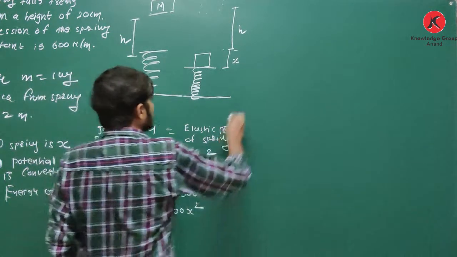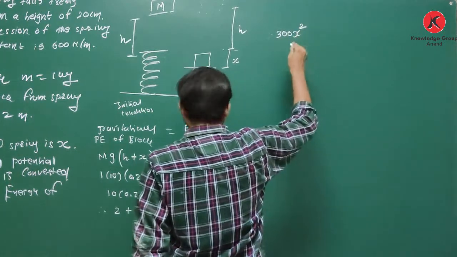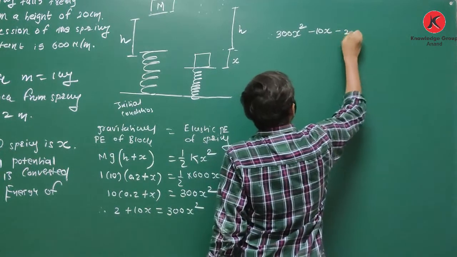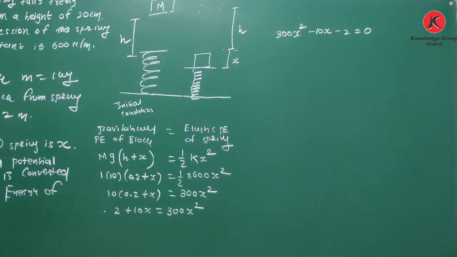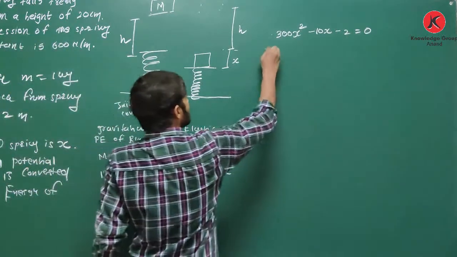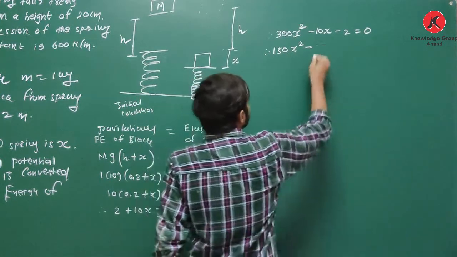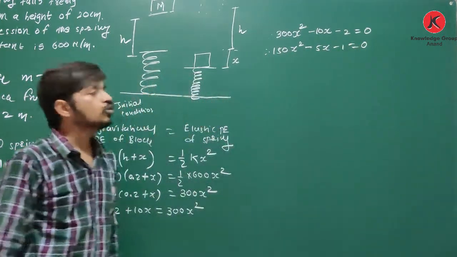So I can write this equation as 300 x squared minus 10x minus 2 is equal to 0. If you take 2 common, then it is 150 x squared minus 5x minus 1 equal to 0.